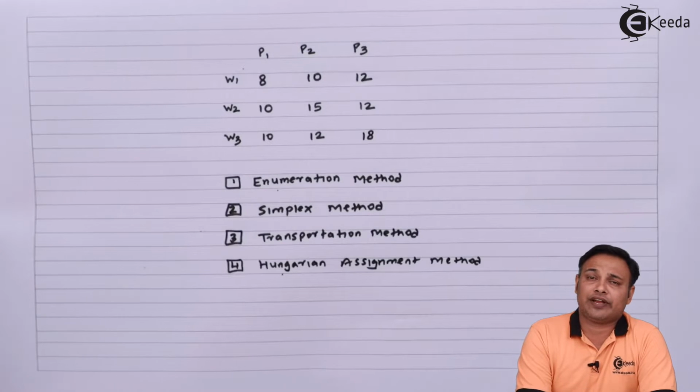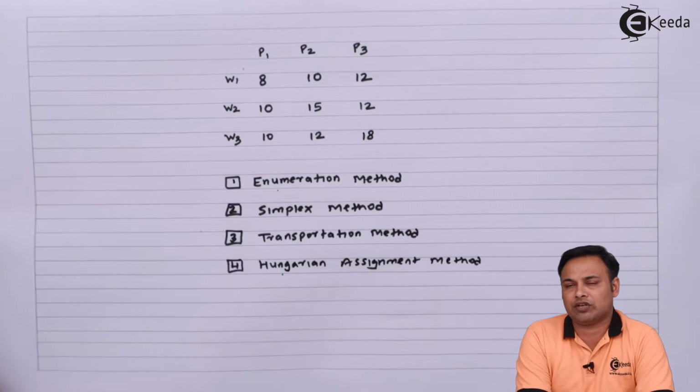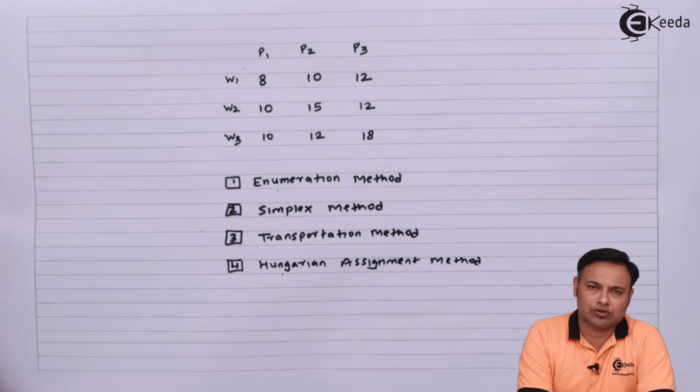Secondly, this method is very time consuming and not the most scientific method in terms of any technique as such. In fact, there is no technique at all. It is just a trial and error method where we try to work out the different combinations and select the combination which will give us the lowest possible cost or which will give us the optimal solution.